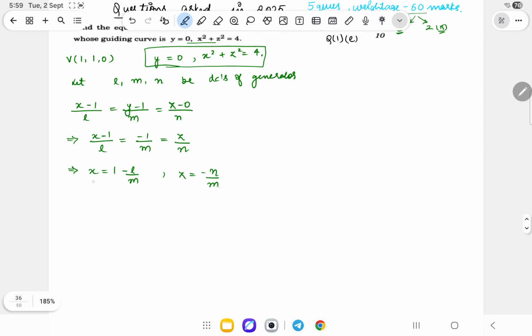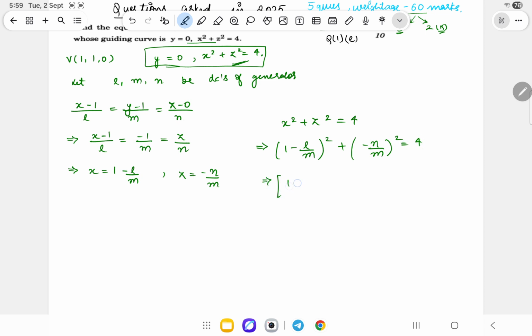Now I can substitute these values of x and z in the guiding curve, x square plus z square equals 4. So from here I'll get (1 minus L/M) whole square plus (minus N/M) whole square equals 4. From the generator line that I have assumed, L is x minus 1 and M is y minus 1.